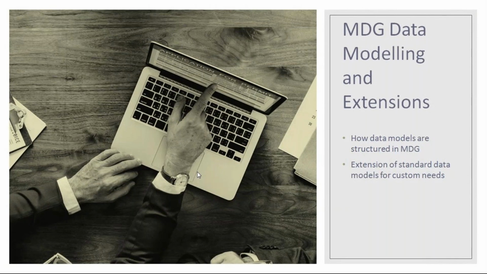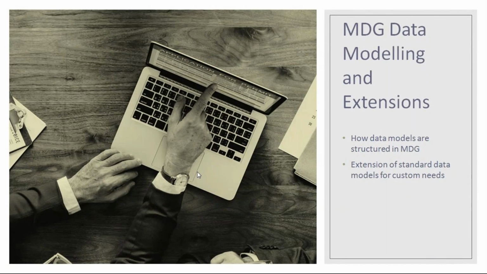So what is a data model? Basically, the data model is a warehouse of the information which you are going to use in your framework. If it is material master, you use the material data model. If it is related to customer or vendor, you use the BP data model. If it is finance, you use the OG data model.